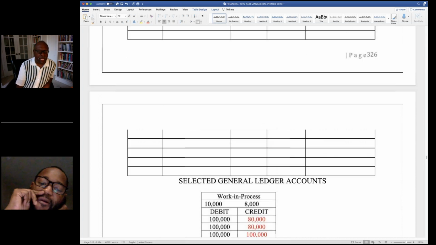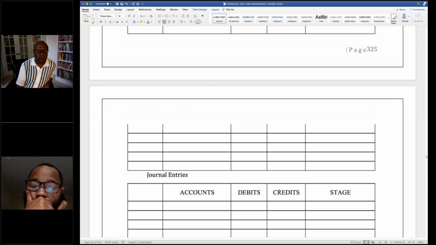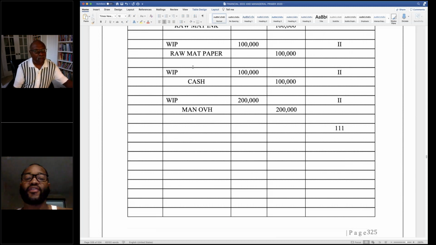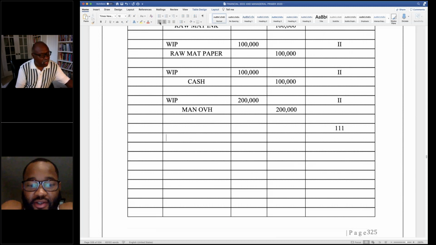So when we get ready to make that journal entry, as we move to stage 3, what are we going to debit? The manufacturing overhead? No, bad guess.